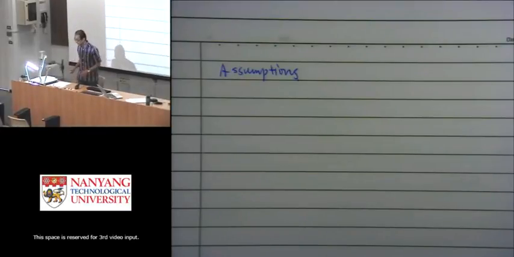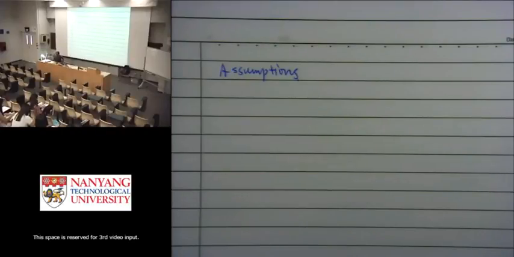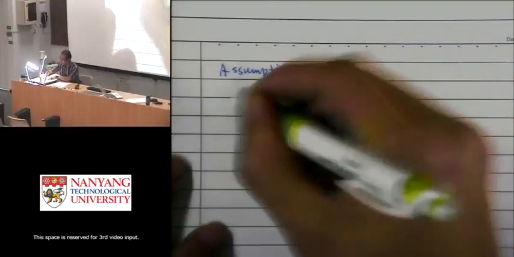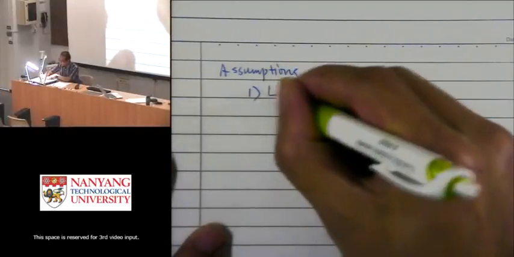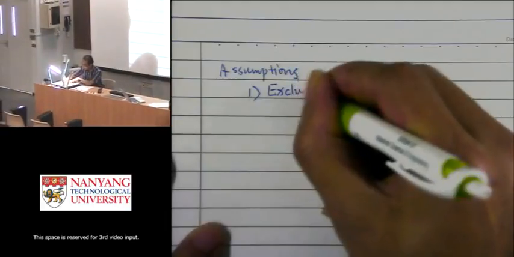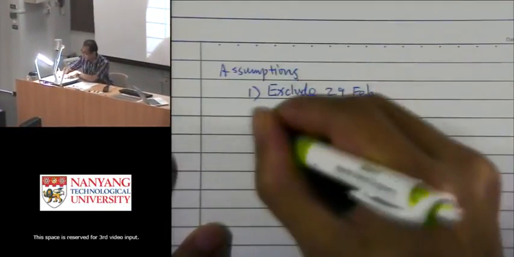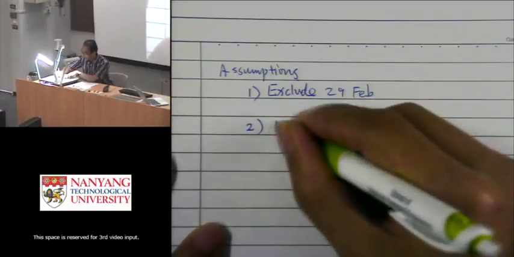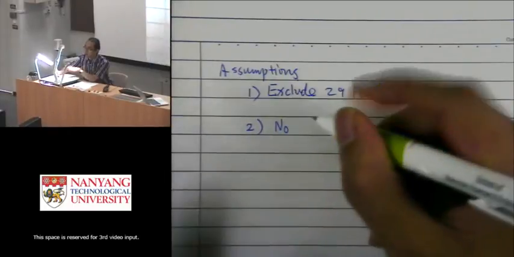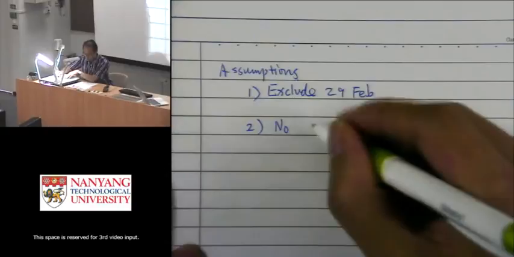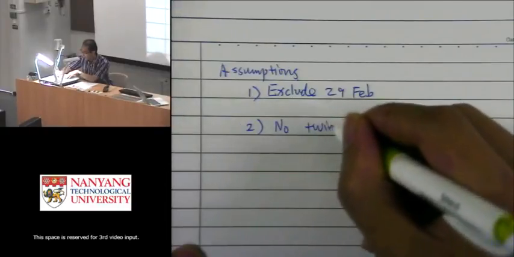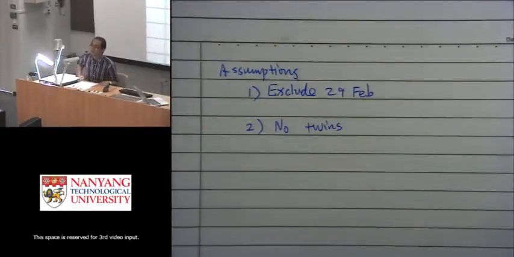Okay, it'll come up. So we made two assumptions. One is exclude 29 of February. Second is we exclude that student because we don't want to get twins.